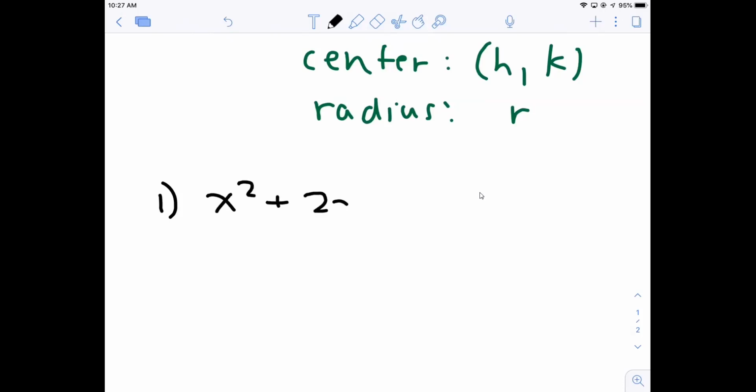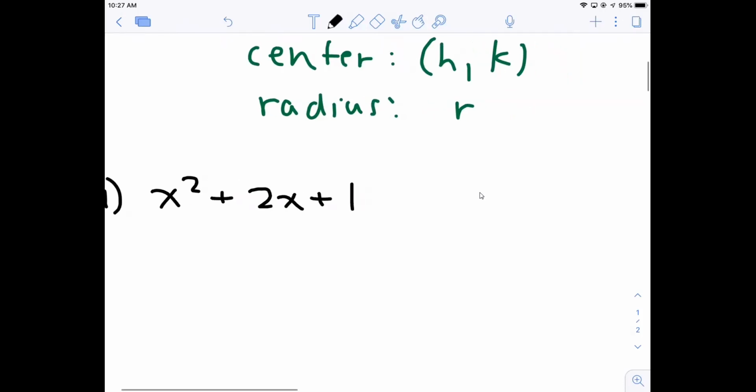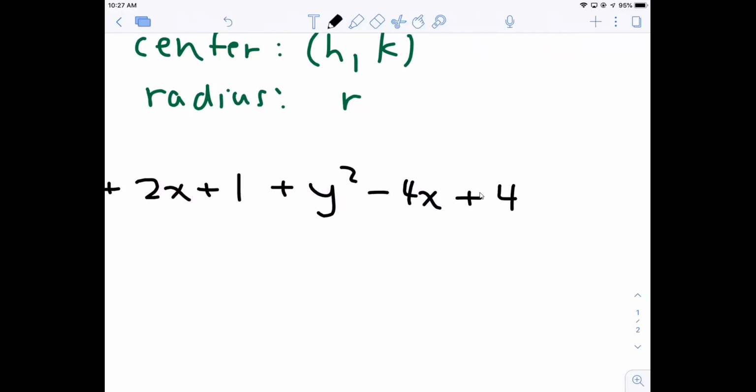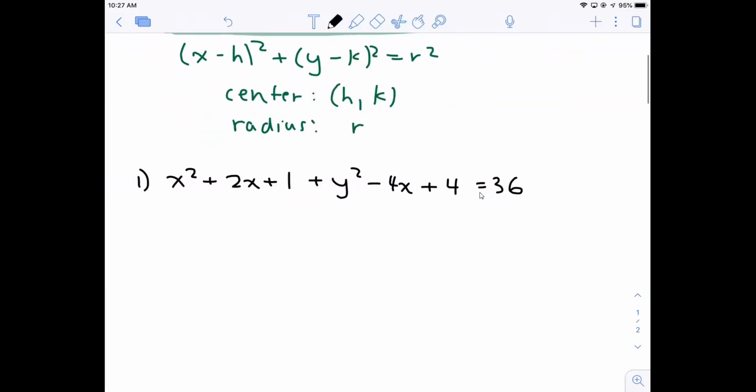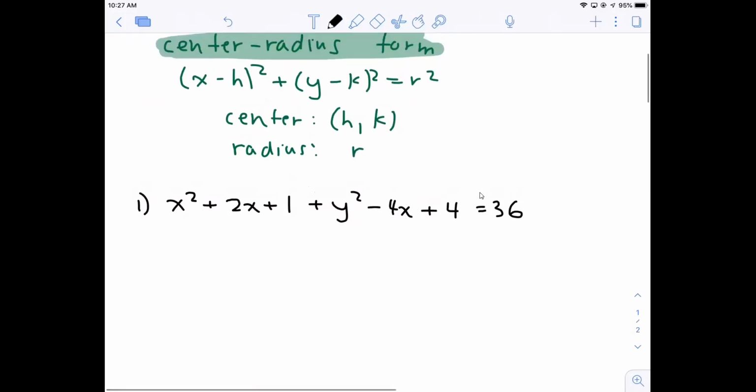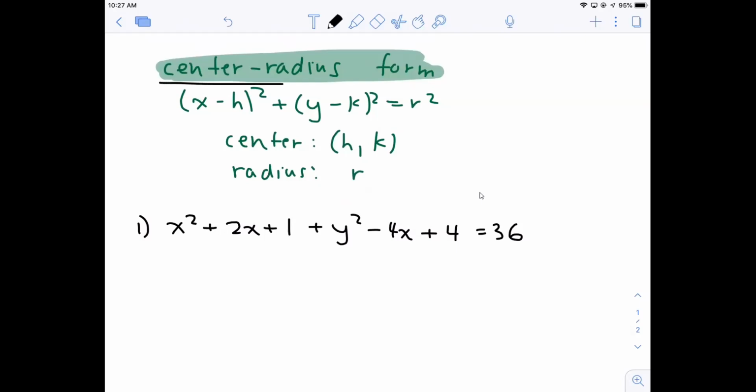the question is: find the center and radius of a circle with this equation. There's our equation. As you can probably tell, that does not look like center radius form.